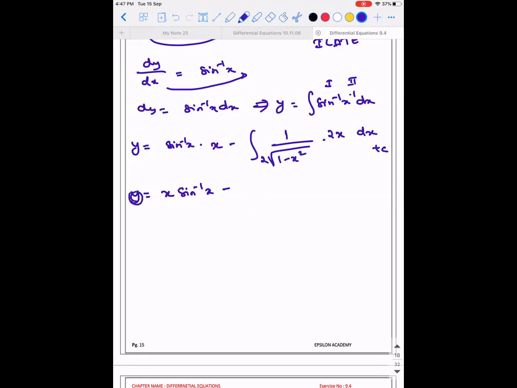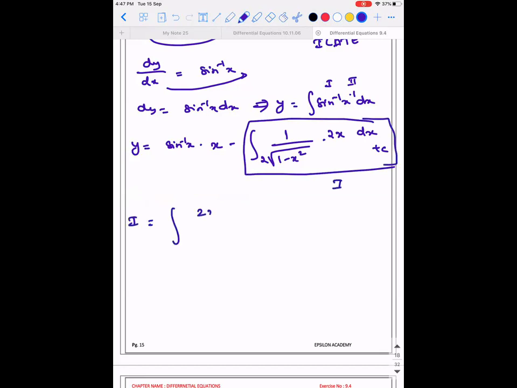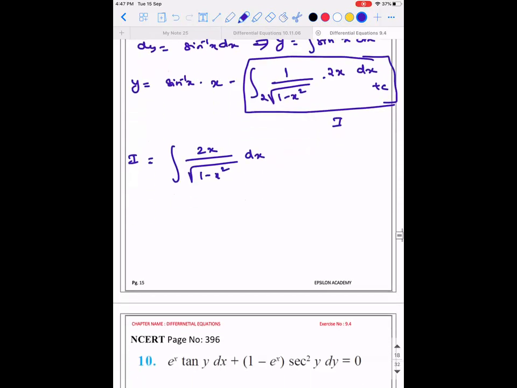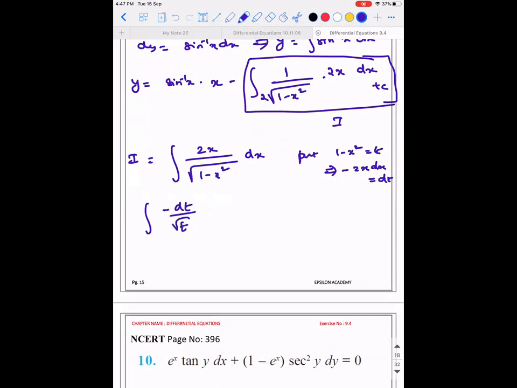Let me call this whole thing as I. So I will be equal to integral of 2x divided by root of 1 minus x square dx. So what are we supposed to do? Put 1 minus x square is equal to t, which implies minus 2x dx is equal to dt. So it will be integral of minus dt divided by root t.